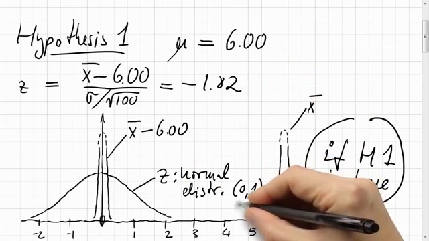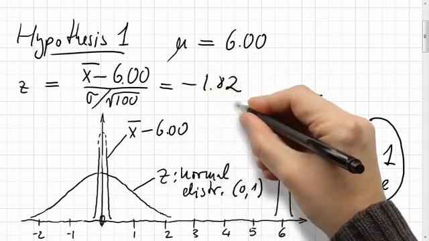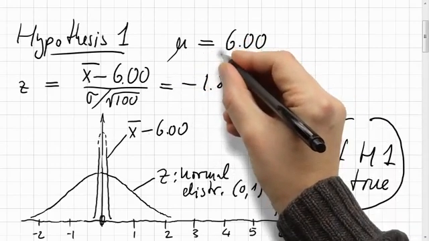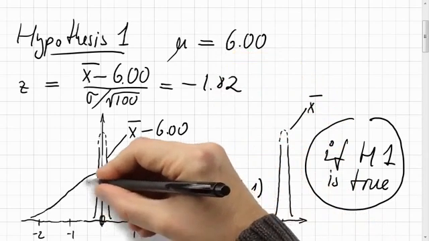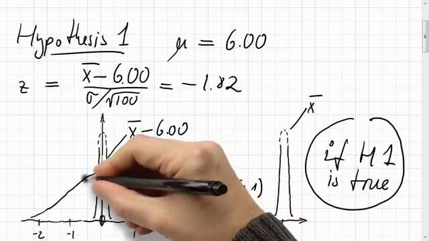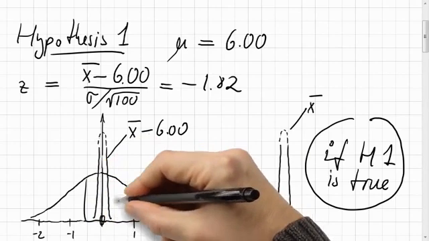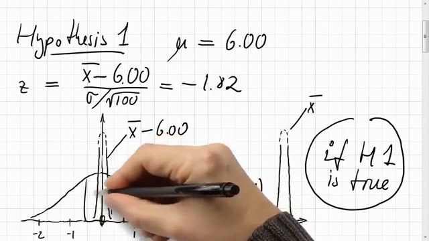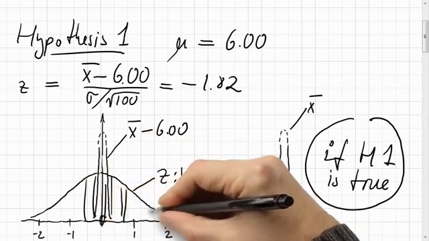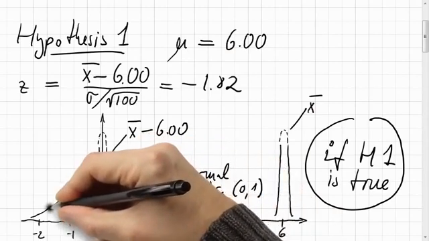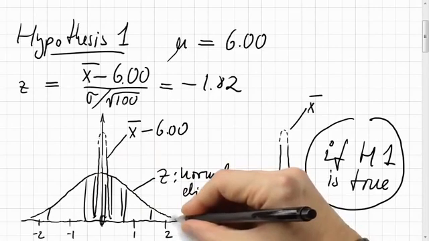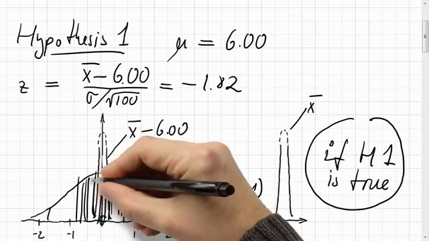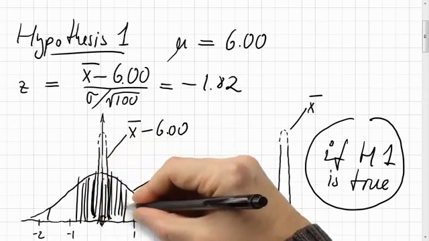And now I'm able to say how improbable or how probable this value is. So if this hypothesis is true, and I test 100 persons, I may end up, for instance, with a z-value of minus 0.5, and then with a z-value of 0.9, and then with a z-value of 0.3, and so on and so on. Maybe sometimes 0.5 or minus 1.7, maybe even 2.1, but mostly in this region. This is what the bell-shaped curve tells us.